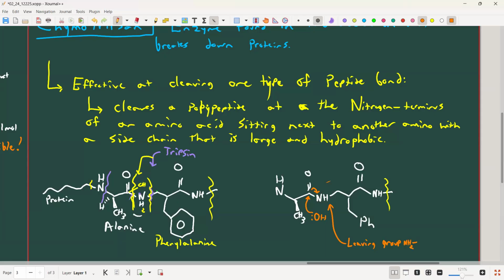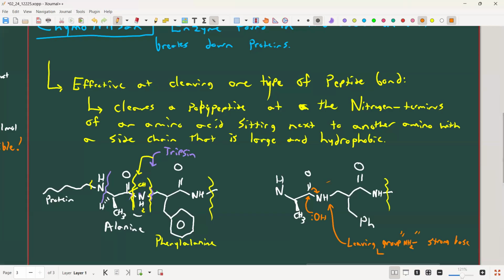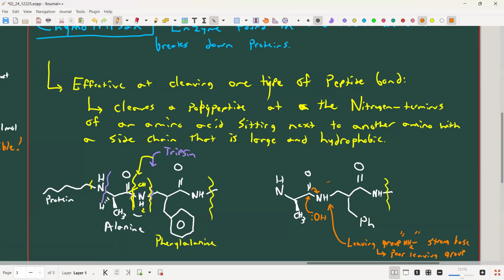It needs to have 3 bonds. Ideally, it's going to be NH2. This is a strong base, and these make poor leaving groups. So cleaving that NH bond, this bond right here, is actually really, really difficult. So what do we need to do? We need to make this easier to fall apart.